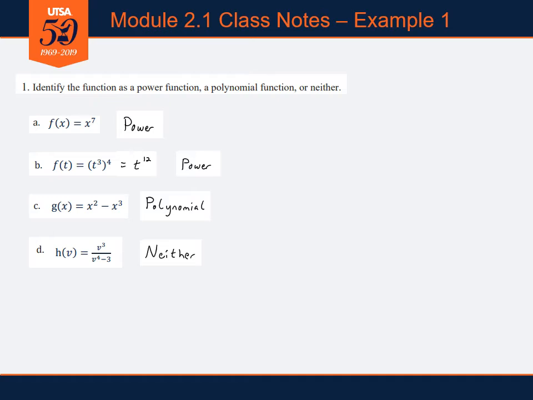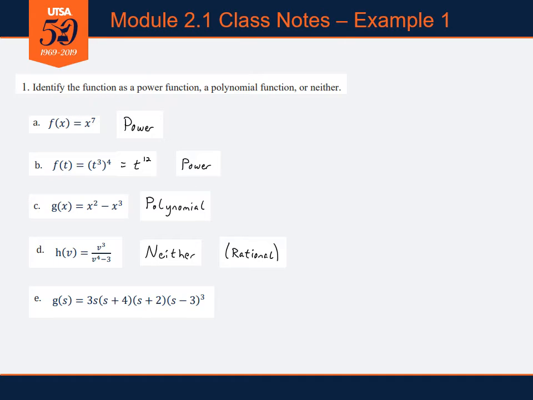A quotient, a division of polynomials, is called a rational function. For the purposes of this example, we'll simply answer that it's neither a polynomial nor a power function.